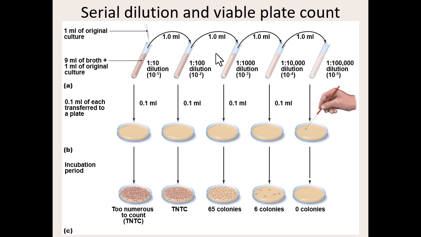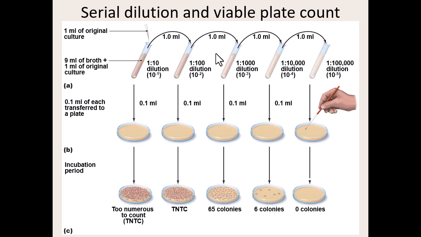If I did another dilution, 1 to 1,000, now I'm at the point where I can start to count colonies. This one has 65. If I did another dilution, I'm down to 6, which, add another 0, is pretty close to 65. So we look at how many colonies we have on that plate times our dilution, and that tells us how many actual bacteria are in that solution.